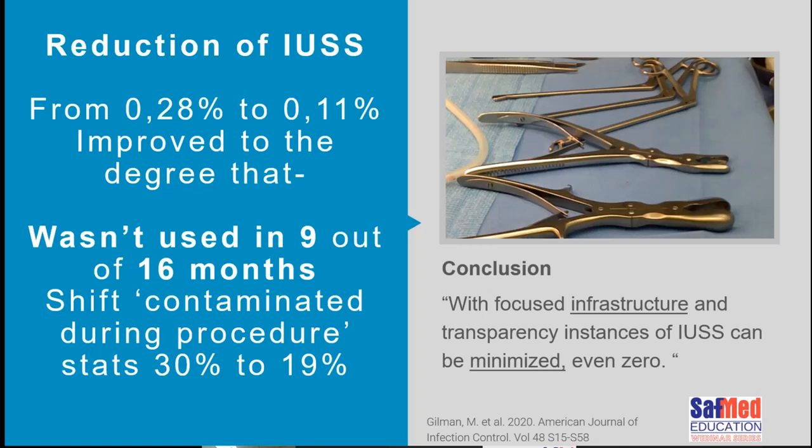So their conclusions were quite simple, that with focused infrastructure and good transparency of how you're using immediate use steam sterilization, you can minimize the use thereof, if not even not use it at all. And I'm aware of many hospitals that in fact have removed flash sterilizers and don't allow that facility at all.